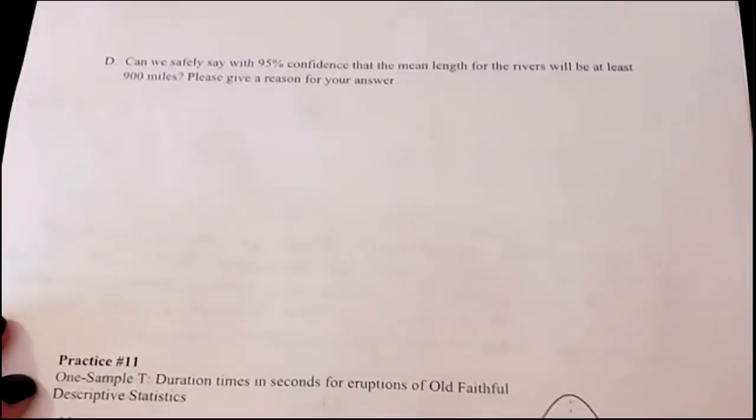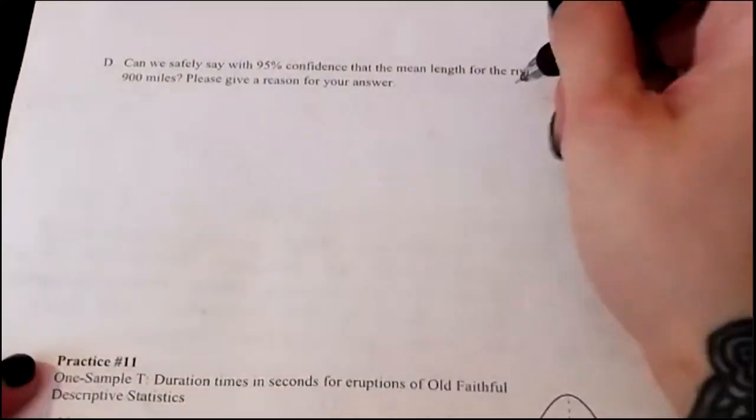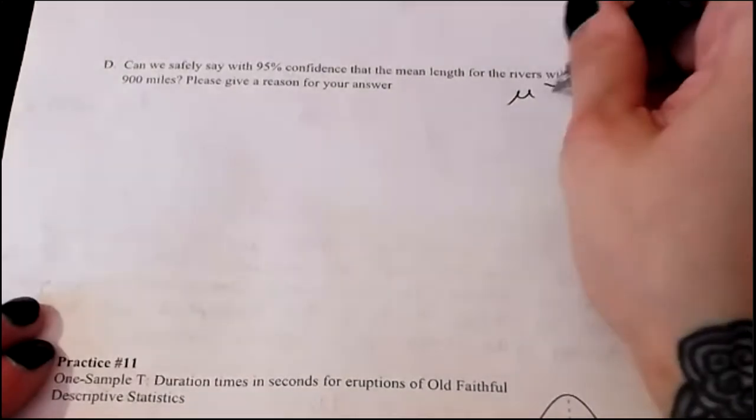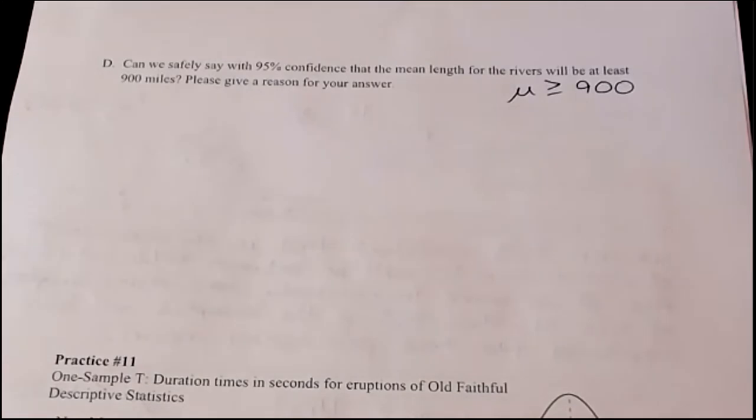Part D still addresses our previous practice problem. Can we safely say with 95% confidence that the mean length for the rivers will be at least 900 miles? What's the statement we're going to ask ourselves? What is our follow-up statement here?